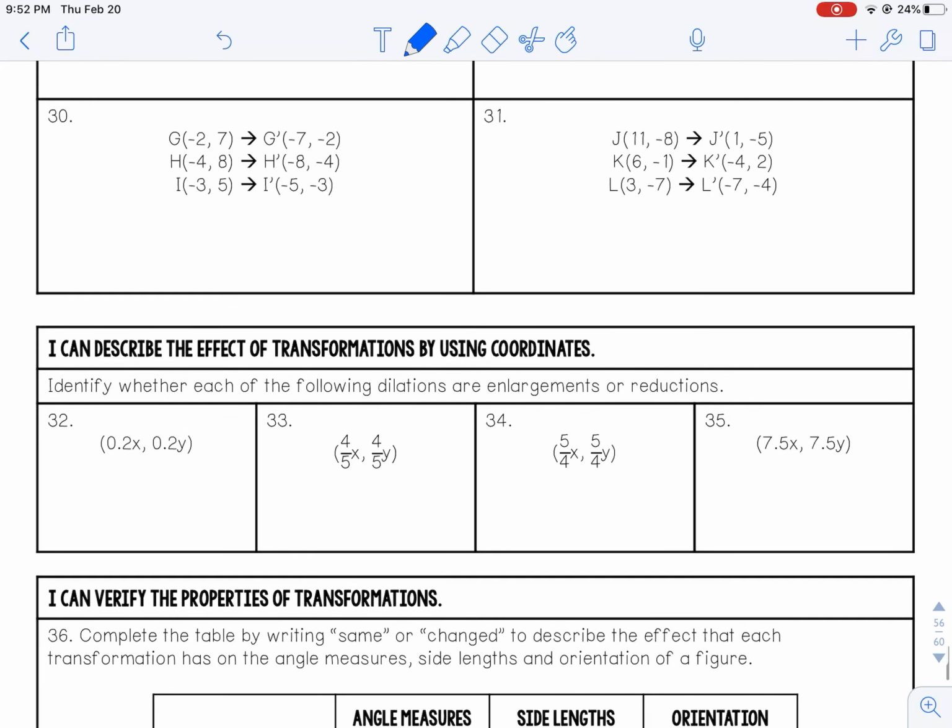Okay. I love 32 through 35. You should be able to tell just by looking at the scale factor, the coefficient of x and the coefficient of y, whatever that multiplier is. Are you dealing with an enlargement or a reduction? Just so you remember, if it's an enlargement, k is greater than 1.